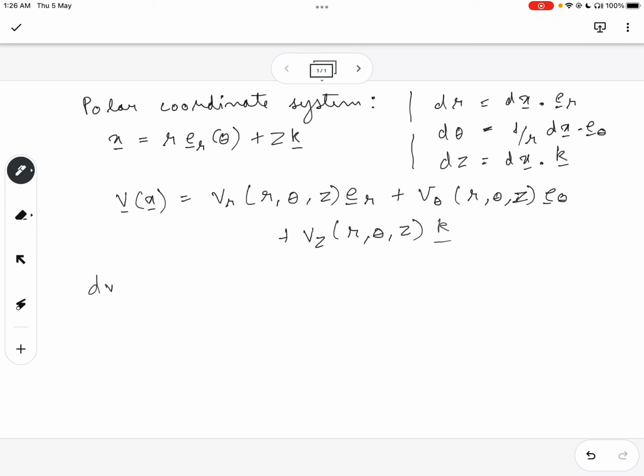Therefore, what does dv become? dv is del vr by del r dr plus del vr by del theta d theta plus del vr by del z dz, all multiplying er. We are still talking about the component of er.